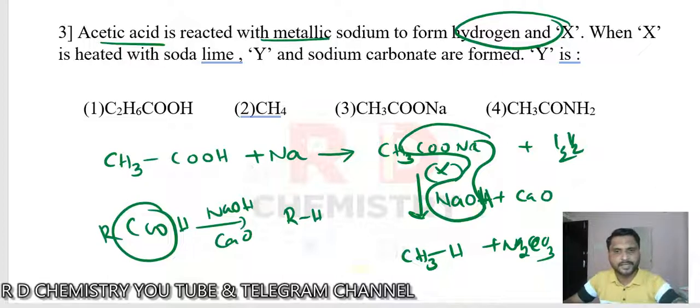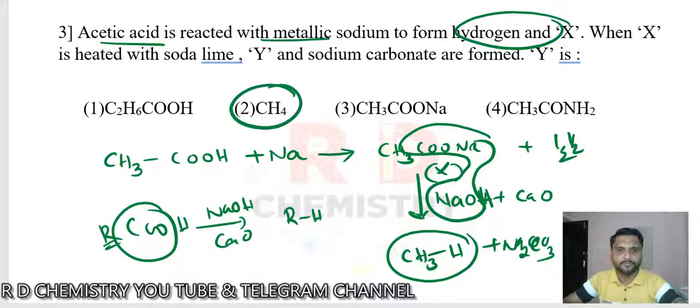Only one carbon atom remains in the R group, therefore it is methane, CH4. So the answer is option number 4, the Y compound that is formed.